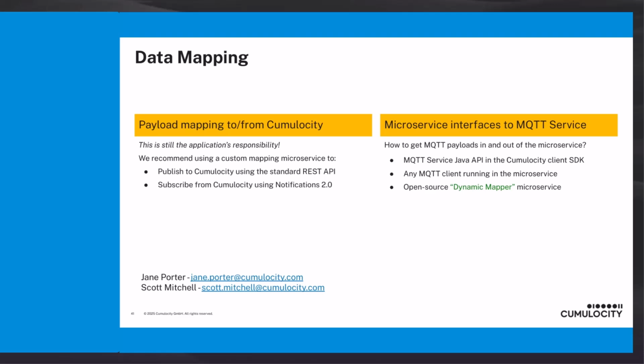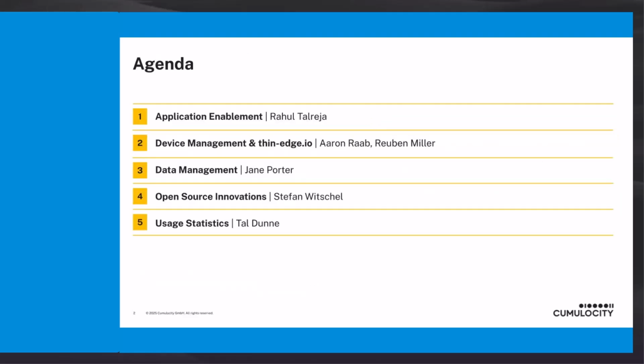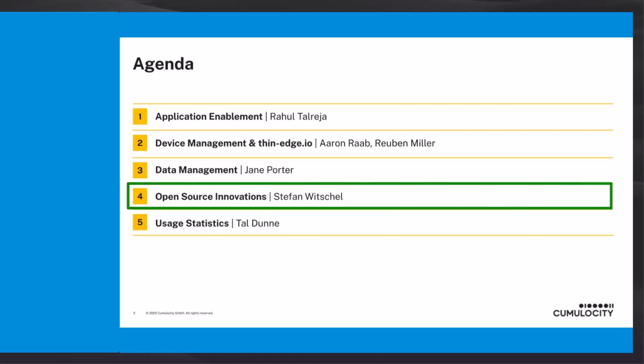It's an open source dynamic mapper, so you can contribute to it, as can other engineers both within and outside Cumulocity. And this is a brilliant segue to my colleague Stefan, who will take you through the dynamic mapper and show you the art of the possible with it.